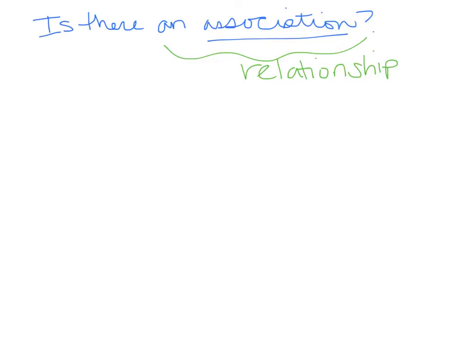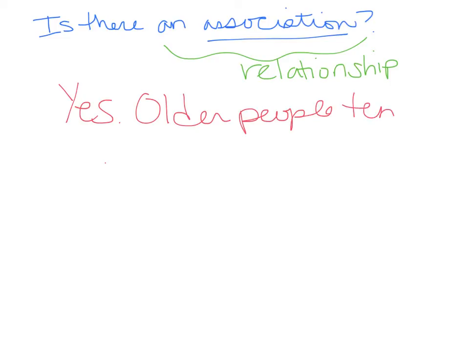So in this case, we will say that there is a relationship, because older people tend to prefer other types of phones, whereas younger people prefer iPhones and Androids.